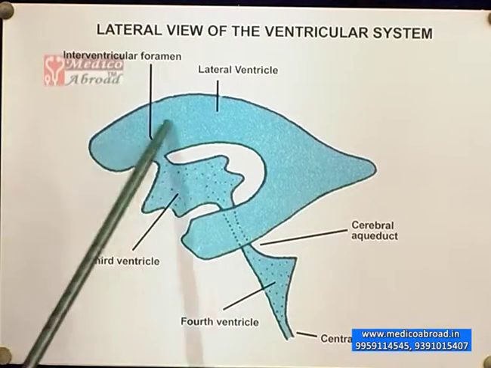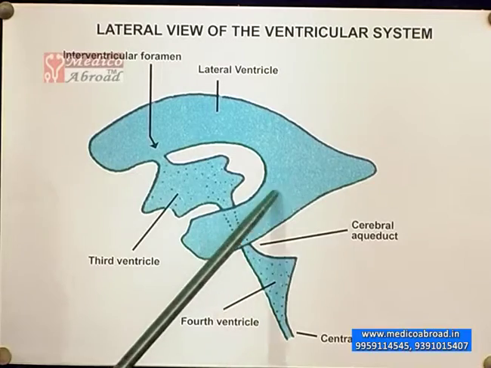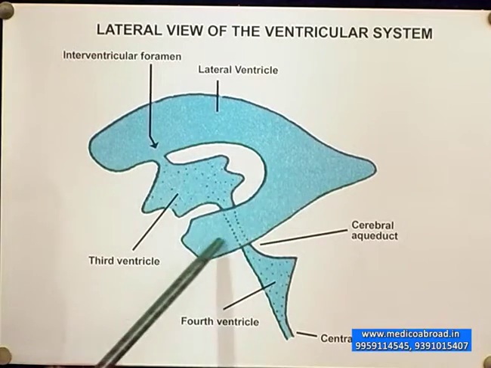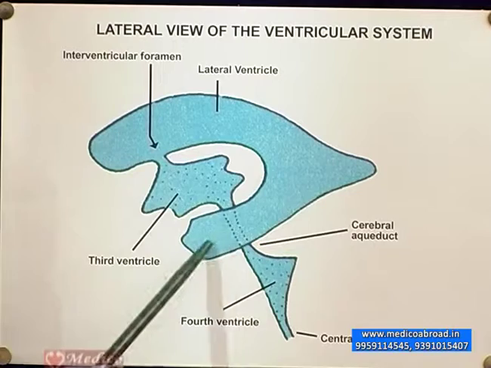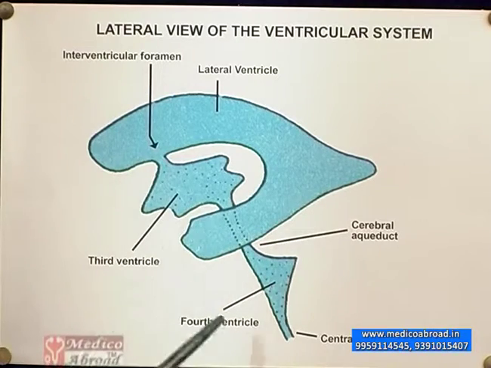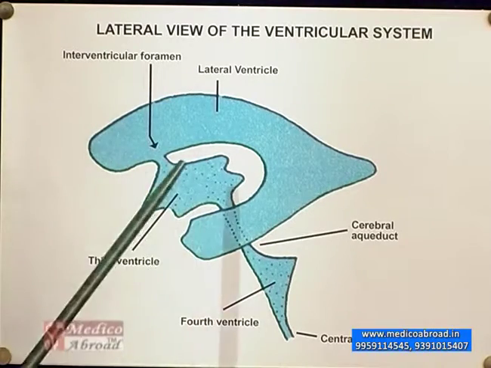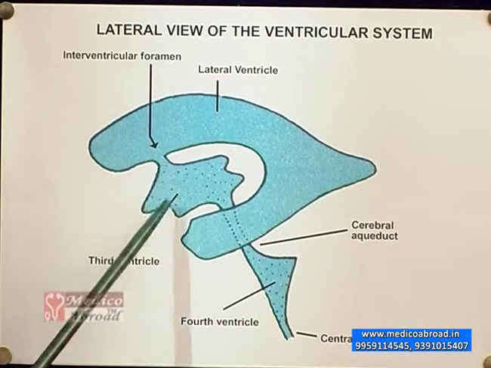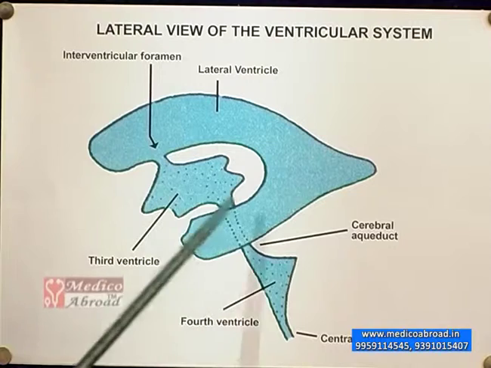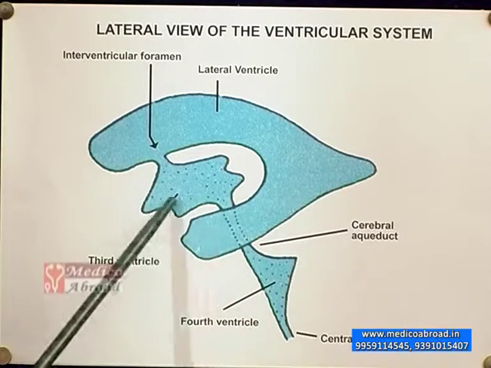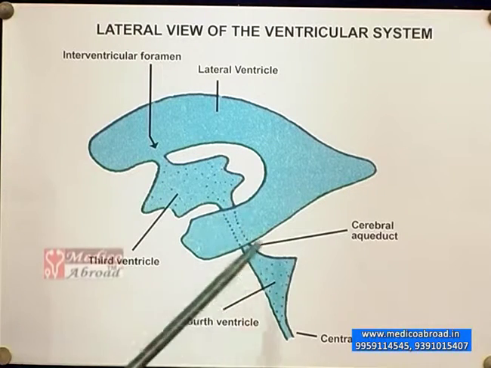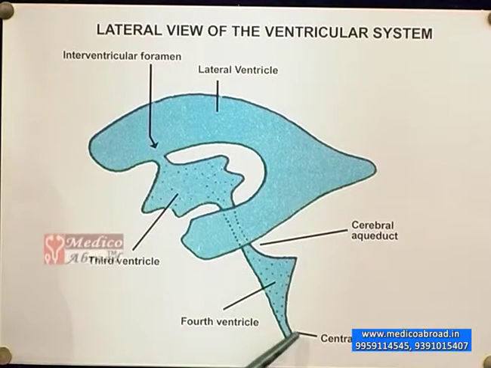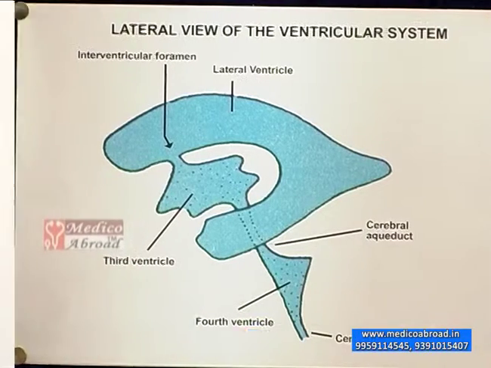If you notice, the shape of this lateral ventricle is sickle shaped. So these are the four ventricles: two lateral ventricles which communicate through the interventricular foramen with the third ventricle. The connection between the third and fourth ventricles is called the cerebral aqueduct. The fourth ventricle continues into the central canal of the spinal cord.